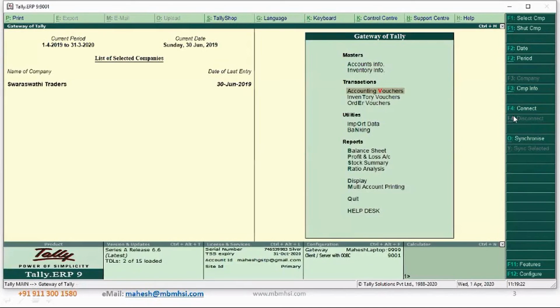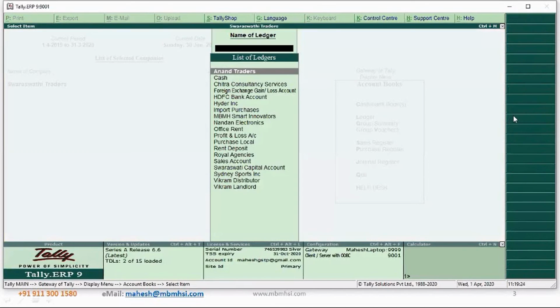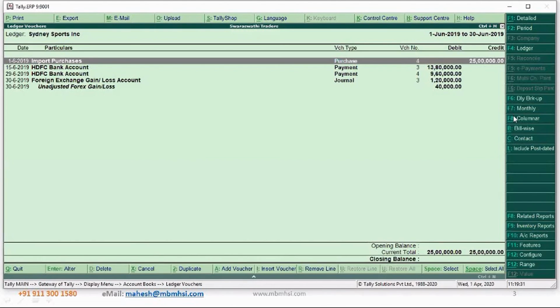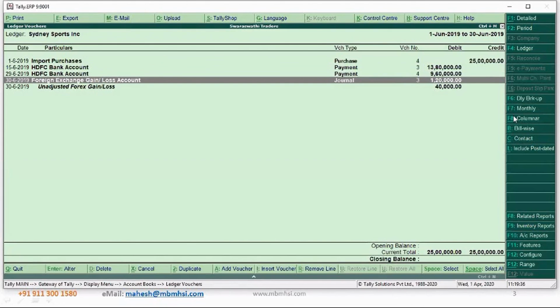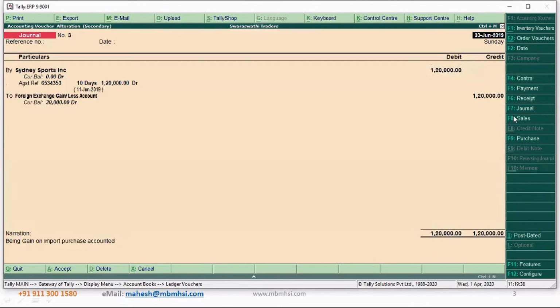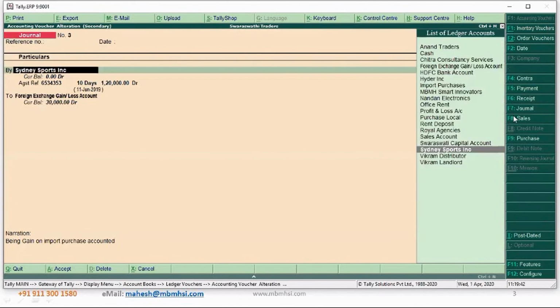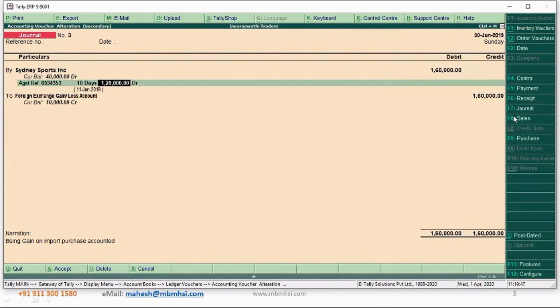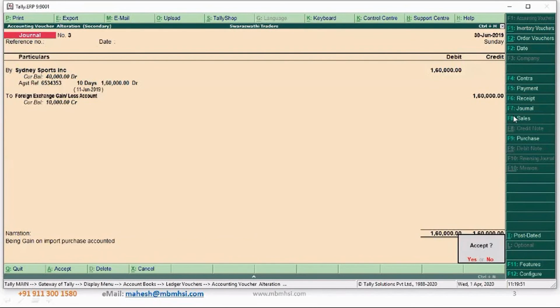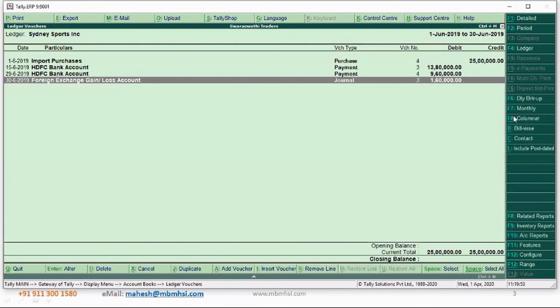Save this. Now display accounts book ledger. If you go to Sydney Sports Inc., sorry, I just took 1,20,000. I need to take 1,60,000. I made a mistake, this should be 1,60,000. Now it has got adjusted.